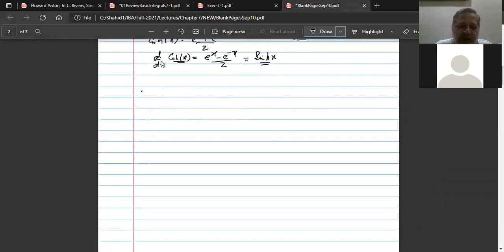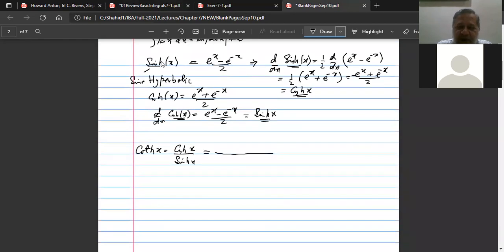Now, first of all, what should be cot hyperbolic x? Like the trigonometry function, it has to be cos hyperbolic x upon sin hyperbolic x. And we defined just a few minutes earlier that cos hyperbolic is (e^x + e^(−x))/2, whereas sin hyperbolic x is (e^x − e^(−x))/2.